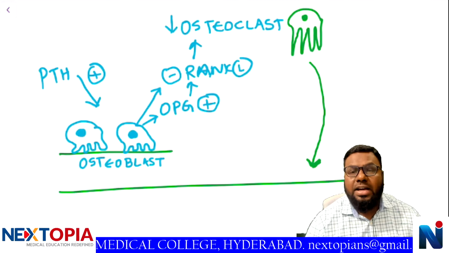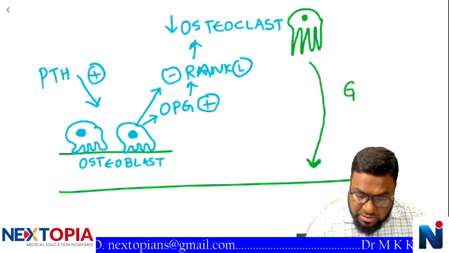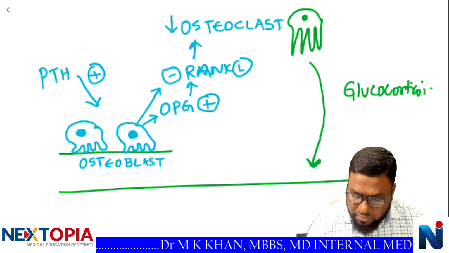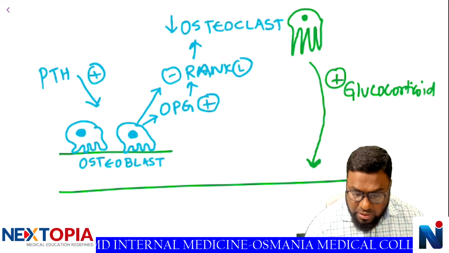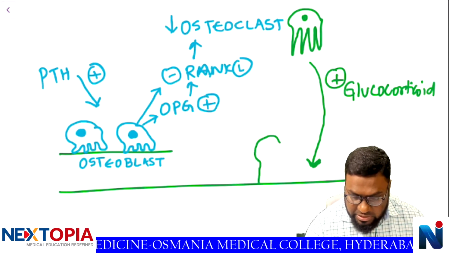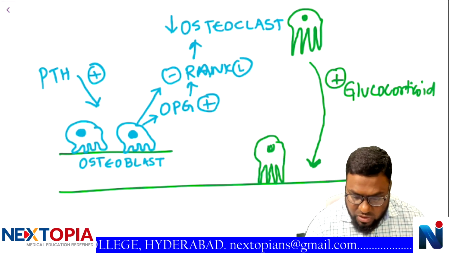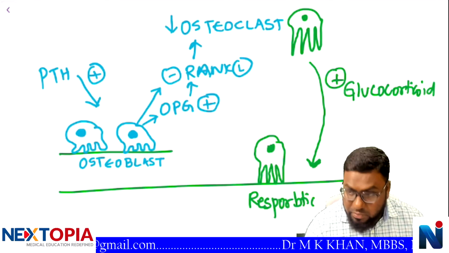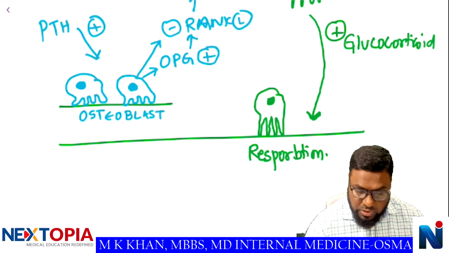The osteoclastic activity increases. Glucocorticoid stimulates the osteoclastic activity. Now this osteoclast will come and sit on the bone like this, and they start the resorption.